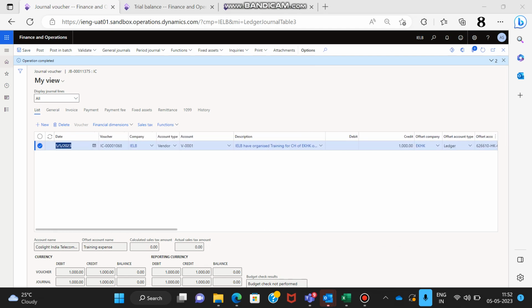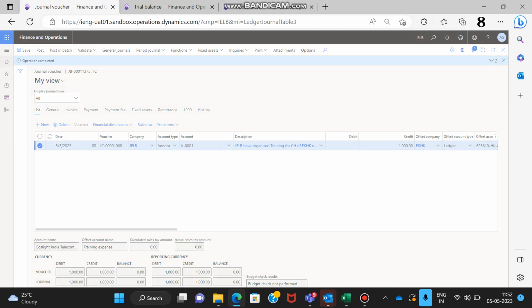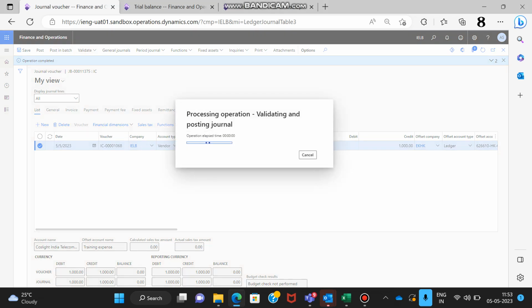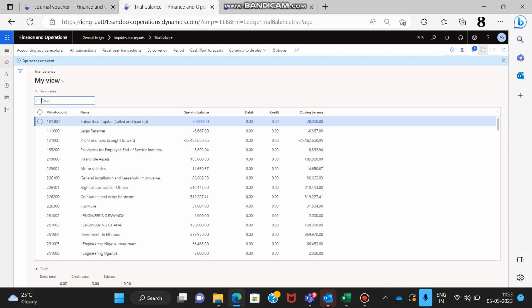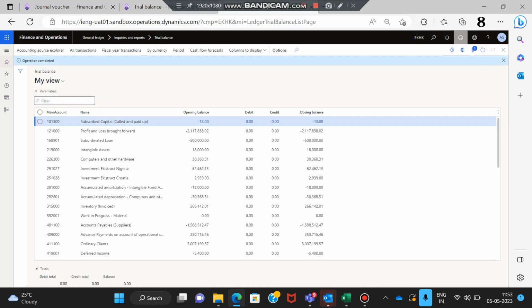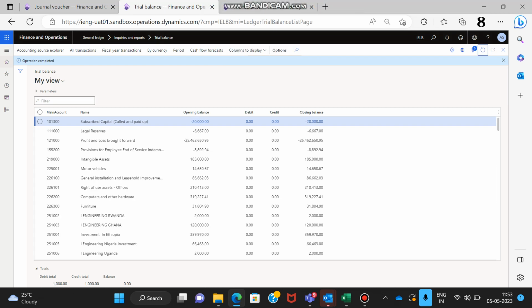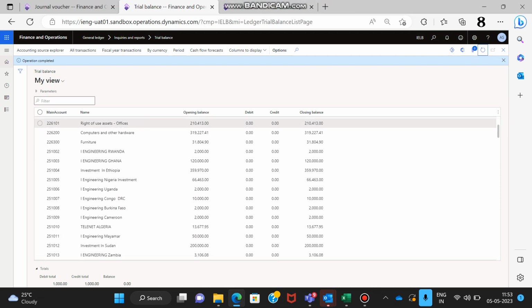Once you select these, you may proceed to validate and further post this transaction in the books of account. So I'm posting this transaction, and I will show you how the effects of this transaction would be considered in the financials. I have extracted the trial balance of both the entities, IELB and Ekistok Hong Kong.